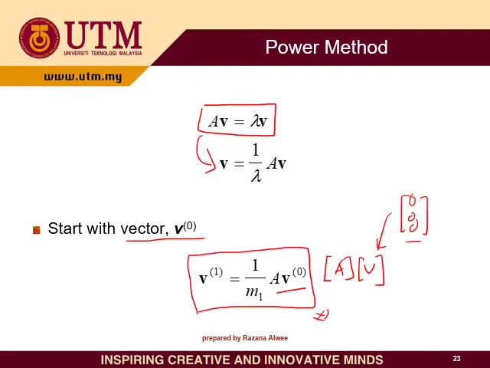All of it is 0 because everything is multiplied by 0. You cannot have the first initial vector be a zero vector. The initial vector must be other than the zero vector. So don't be confused. V0 is not the zero vector, it is the initial vector, the first vector, that must have values other than 0.